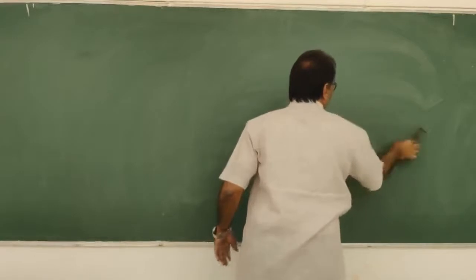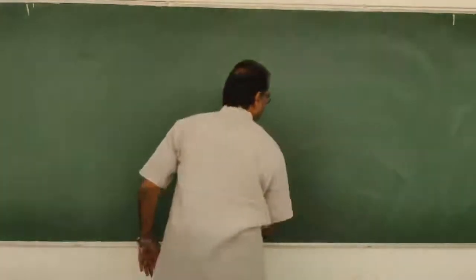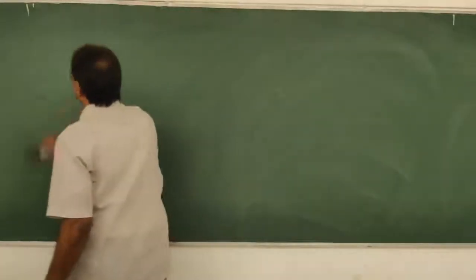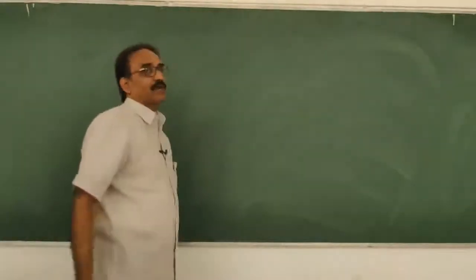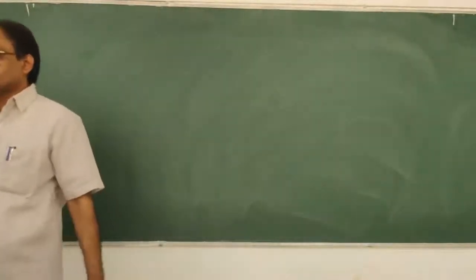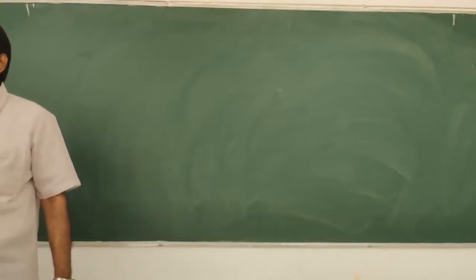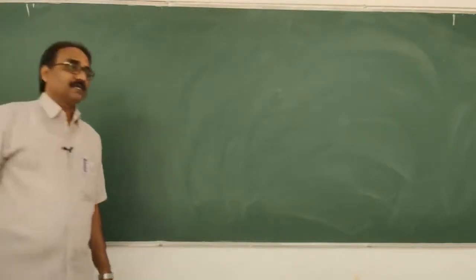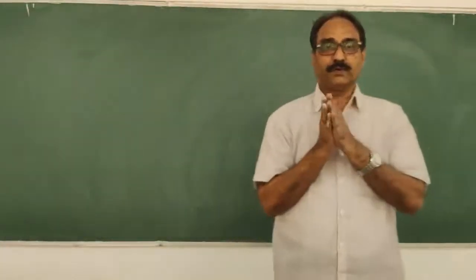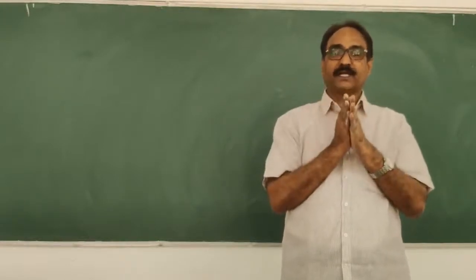Okay, my dear students, let us move to the next concept now. What is the next concept? That is called the multiplication theorem on probability. See, there are two theorems which you have to remember in probability.